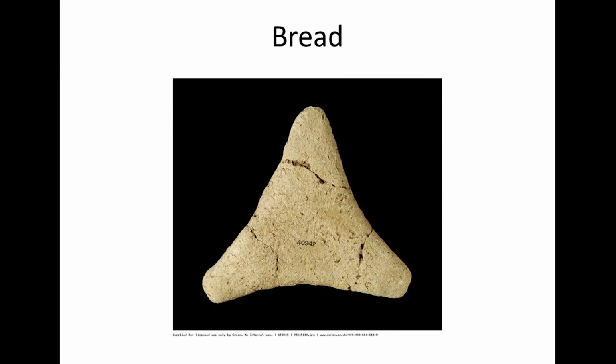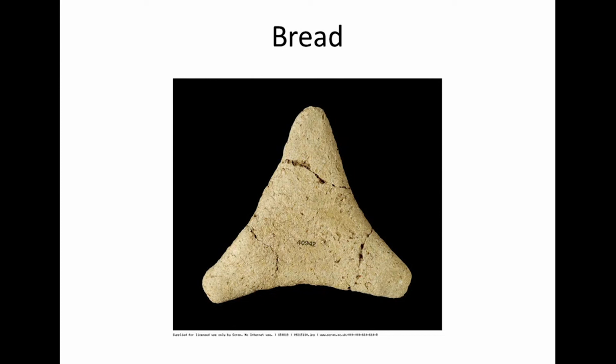These are often found in tombs because they would have been placed there to feed the tomb occupant in his or her afterlife. In addition to bread, and possibly not just in addition to bread, archaeologists are still debating which came first.